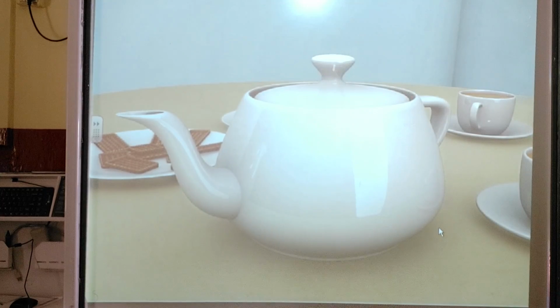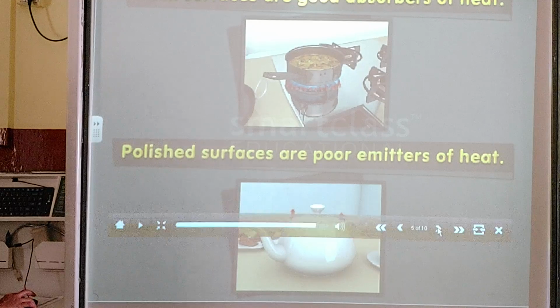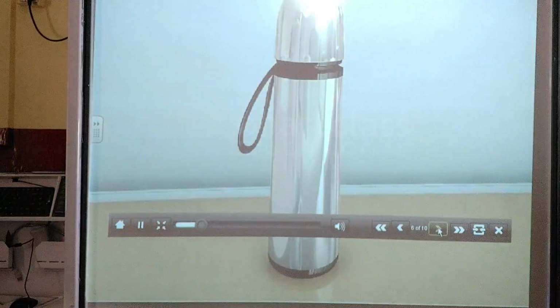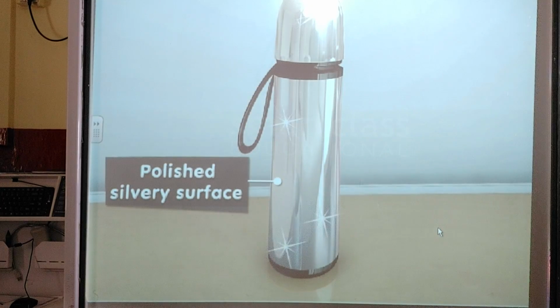Thus, shiny teapots can keep tea warm for a longer time. Black surfaces are good absorbers of heat, so they absorb heat fast, and polished surfaces are poor emitters of heat. You may have seen a vacuum flask. It has a polished silvery surface.